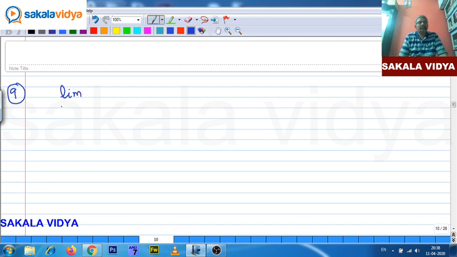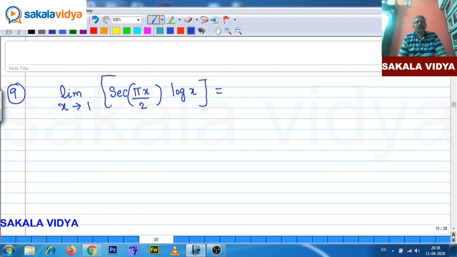Limit x tends to 1, secant pi x by 2 into log x equals to.